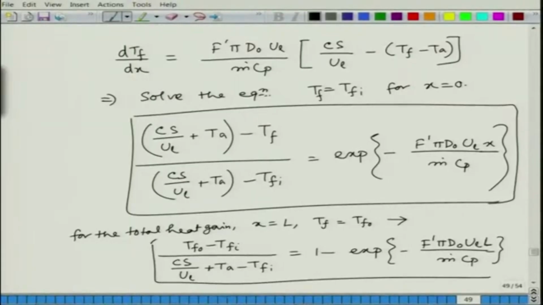Okay. So, this expression tells you what would be the overall temperature rise of the working fluid as it passes through the receiver tube. Okay.